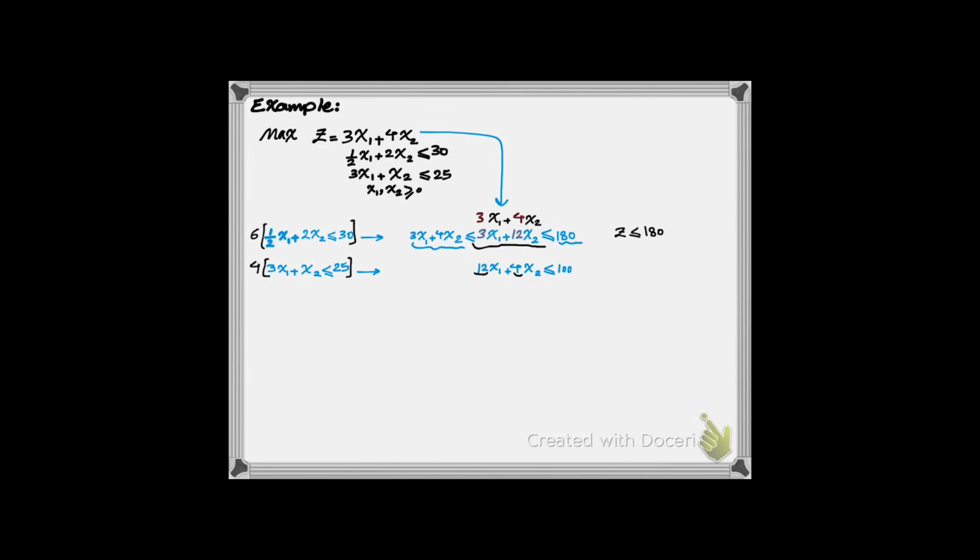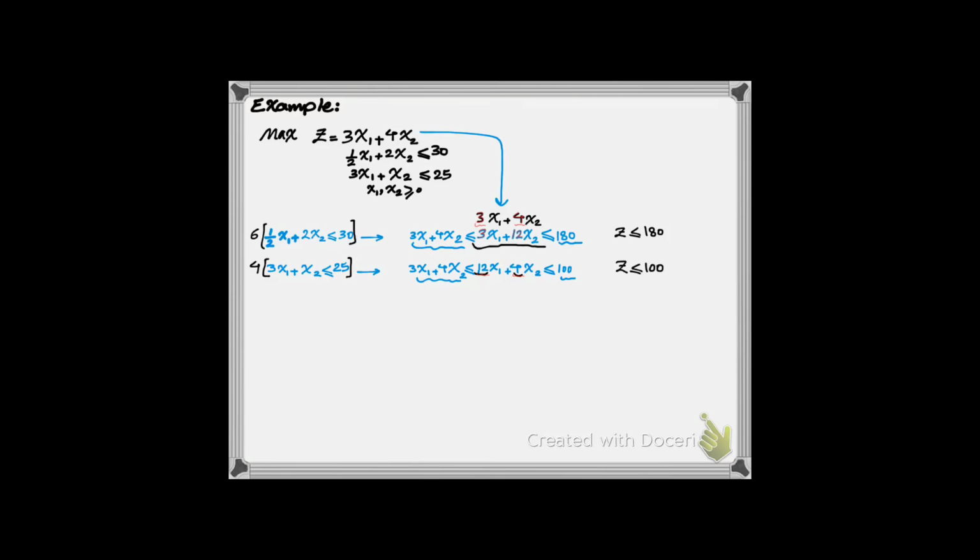What you see is that again 12 is greater than 3, and 4 is greater than or equal to 4. As a result, this term also is greater than or equal to your objective function. So I can write this as z less than or equal to 100. Now, notice that we are trying to maximize the objective function, and now we know that the maximum of the objective function cannot exceed 100.